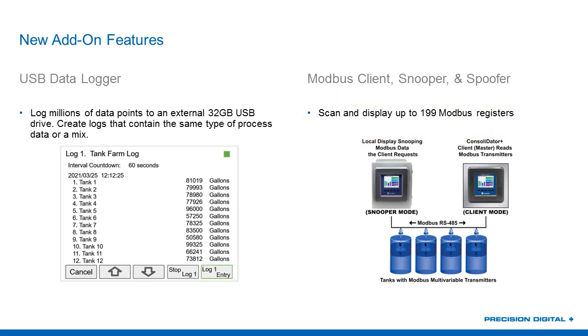Our legacy products could also only operate in one mode at a time. With the ConsoliDator Plus, we can actually be used in every single mode simultaneously, while again scanning up to 199 Modbus registers. So if you have questions on Modbus or data logging, please feel free to let me know.